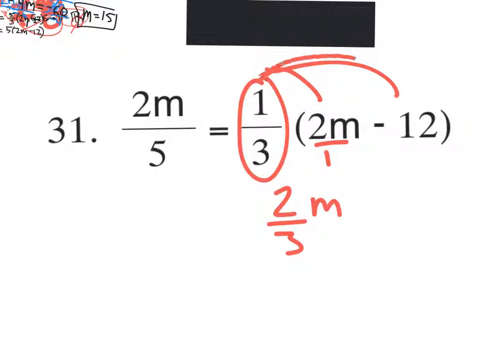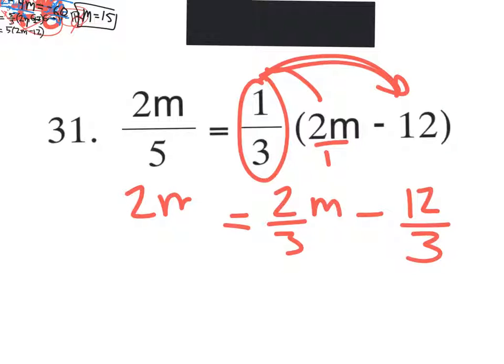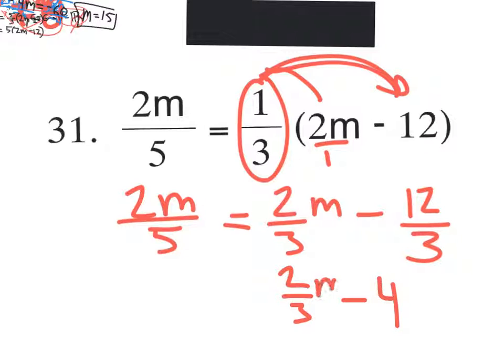And then when you distribute over here to the 12, you'd have a minus 12 over 3 with the equal sign, and then bring down the 2m over 5. So this is a third way of doing it. The 12 over 3 over here actually becomes a 4. So you're going to have a minus 4 with the 2/3 m with the equal sign with the 2/5 m.